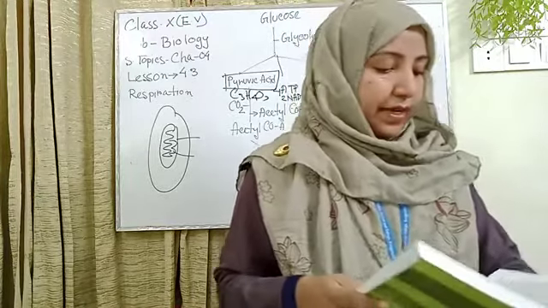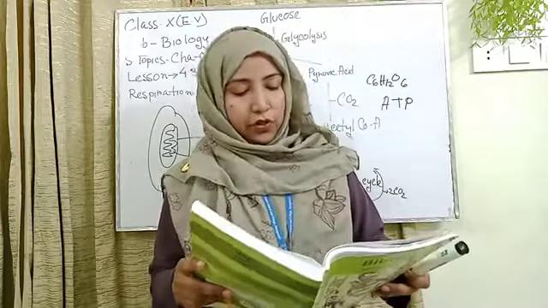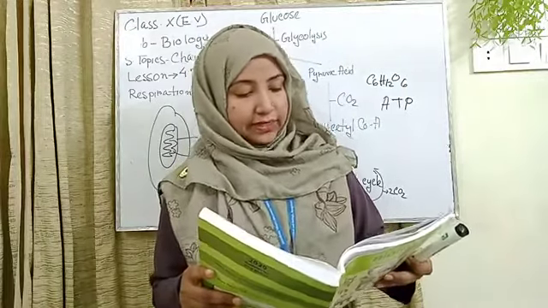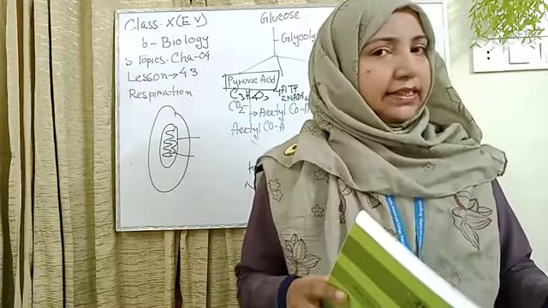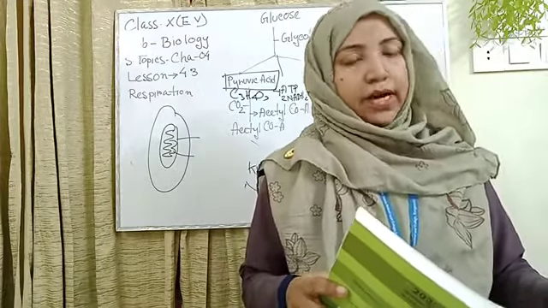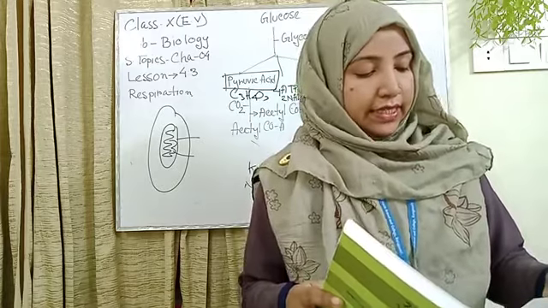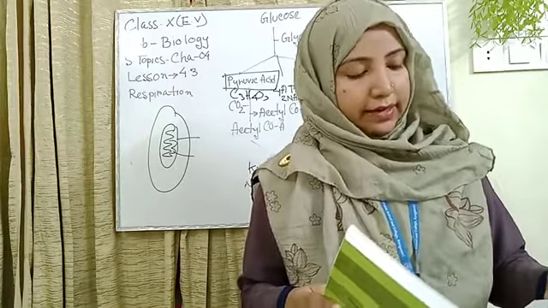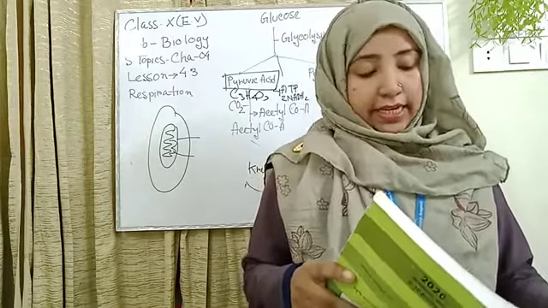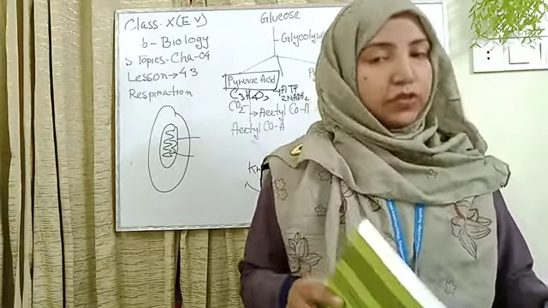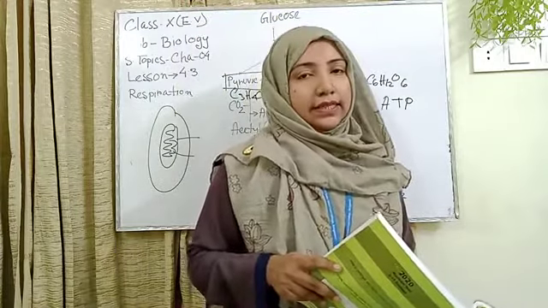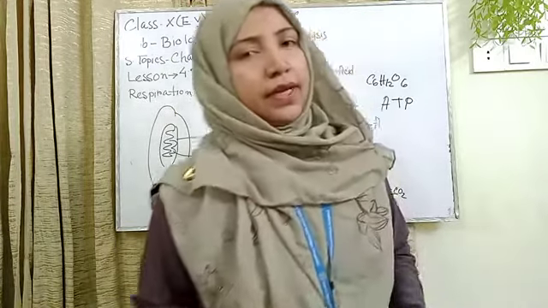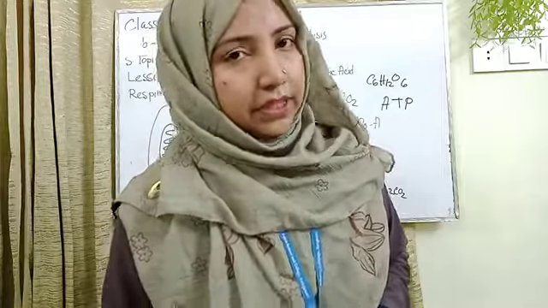Two ATP are used in this process, and two molecules of NADH plus H plus are produced in this stage. No oxygen is required. It is the initial stage for both aerobic and anaerobic respiration, and it takes place in the cytoplasm of a cell.